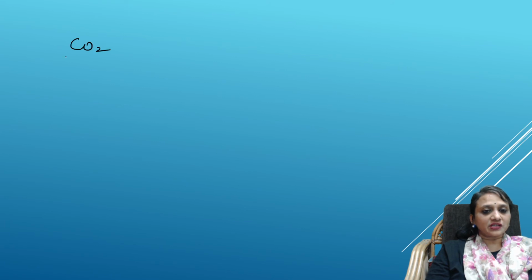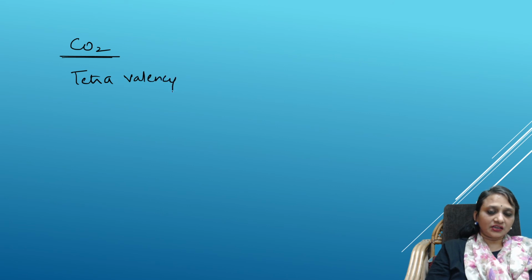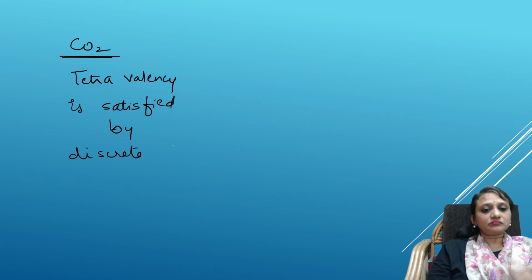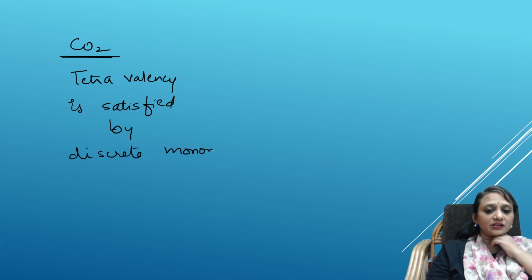Because of this, the carbon dioxide molecule is simple, smaller. Here tetravalency is satisfied by discrete monomeric molecule.